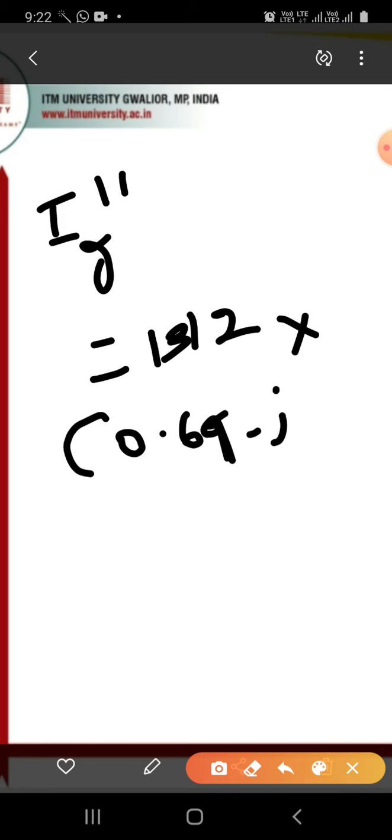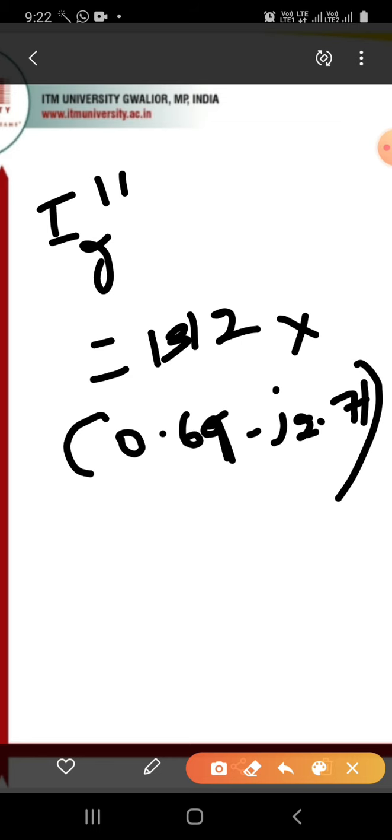So it will be 13.12 into 0.69 minus j 2.71.